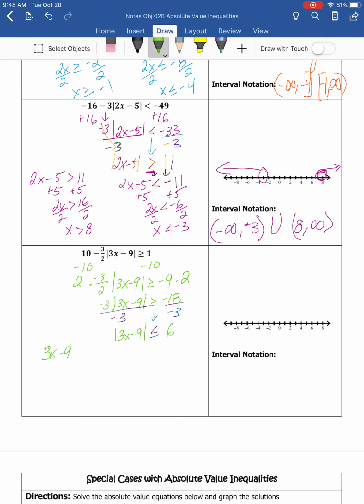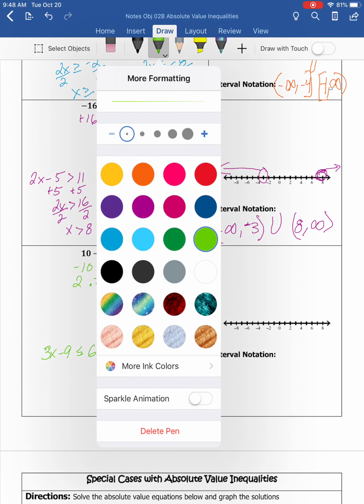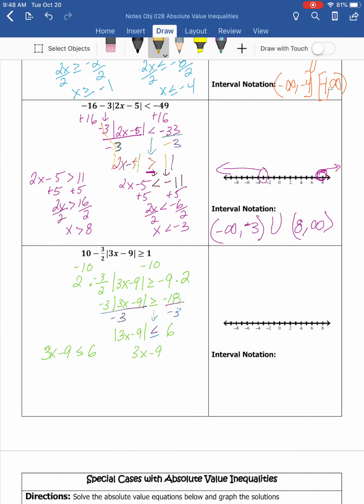This is 3x minus 9 is less than or equal to 6, or 3x minus 9 is greater than or equal to negative 6. Remember, keep, change, change. So add 9, 3x is less than or equal to 15, divide by 3, x is less than or equal to 5.